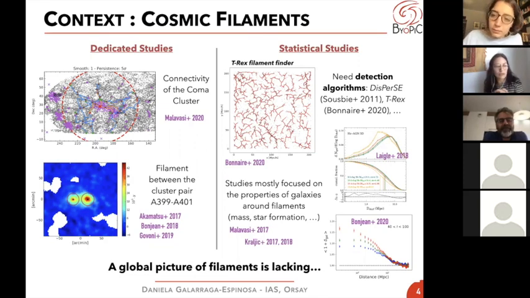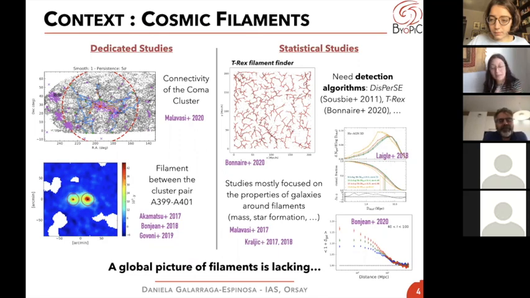Some methods can deal with this multi-scale thing, and other methods cannot. So he's really trying to understand and to quantify the goodness of these methods.